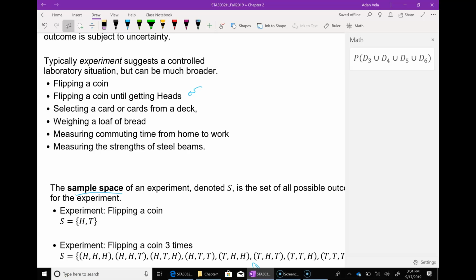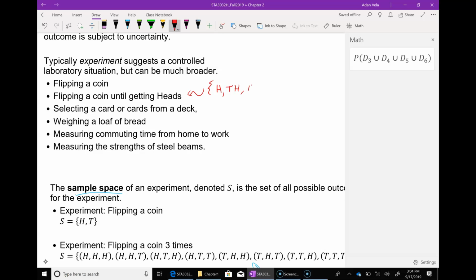But if we look at this experiment right here, where we ask how many times can I flip a coin until I get heads, this sample space is actually infinitely large. You could think about it as the first way that you could get heads is you just get it right off the bat. The other way is tail, heads. So you flip a tail once, and then you follow up with the heads.